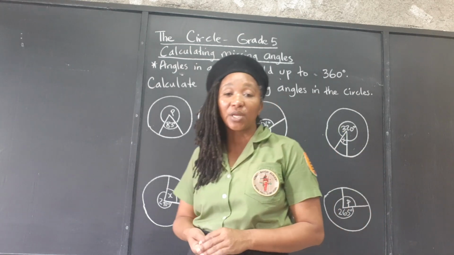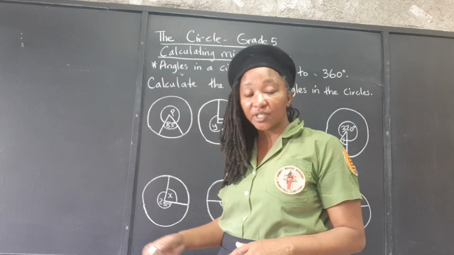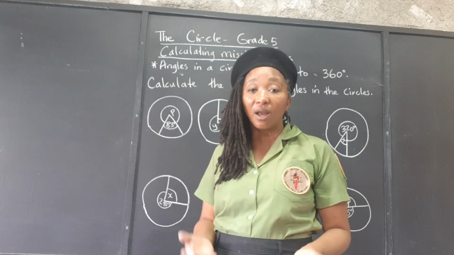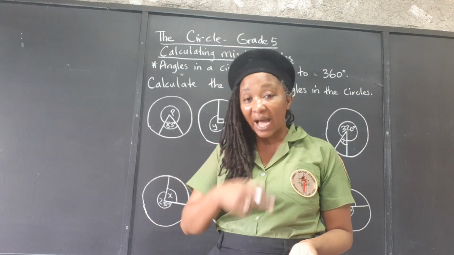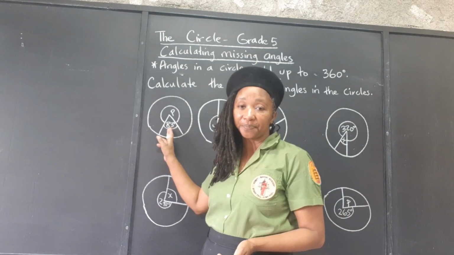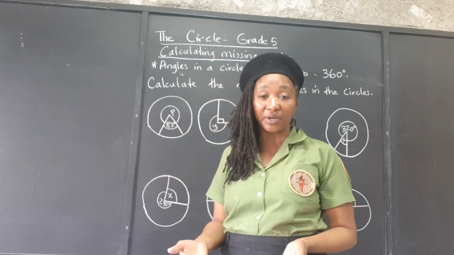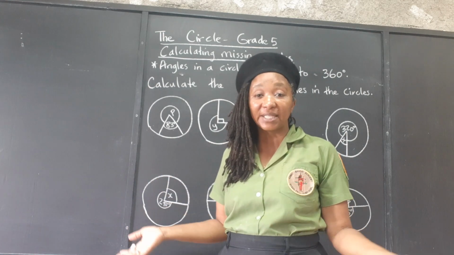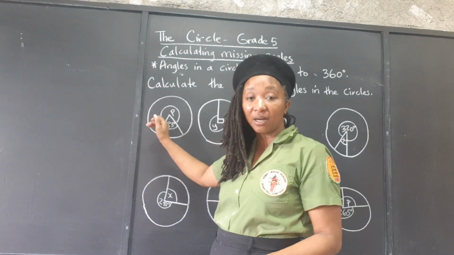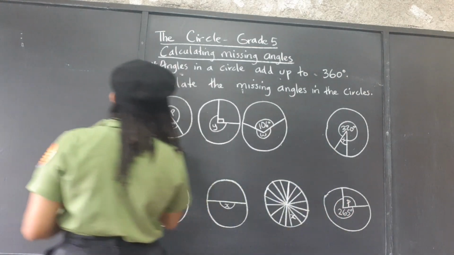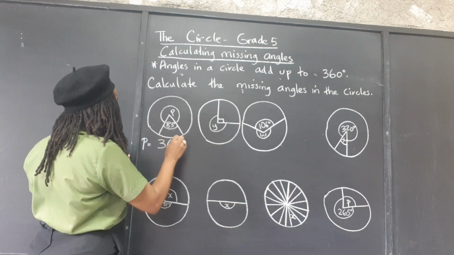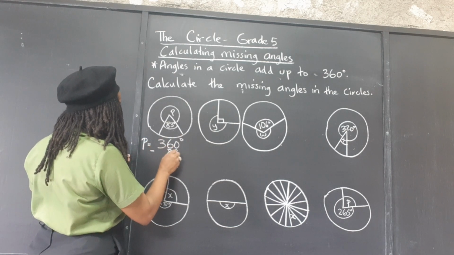Since all the angles in the circle, no matter how many angles we divide them into, must add up to 360, all we need to do is take out the 83 degrees that we already know and see what's left. And what is left will represent the missing angle P. So angle P will be equal to the full 360 degrees minus 83 degrees.